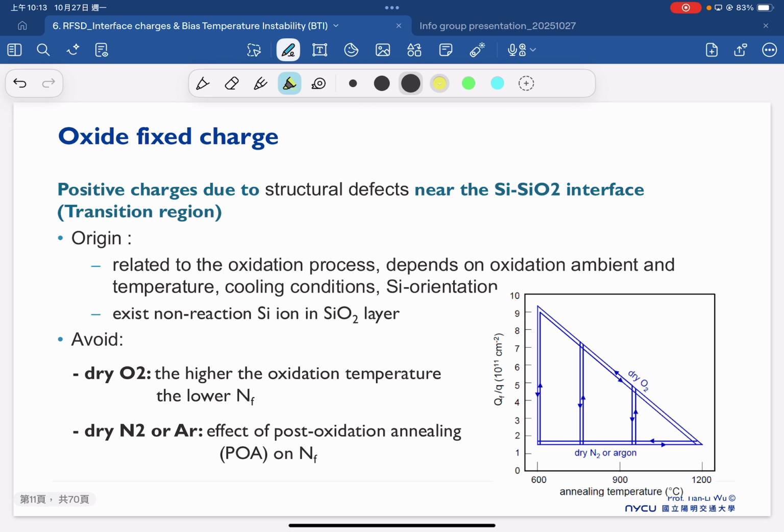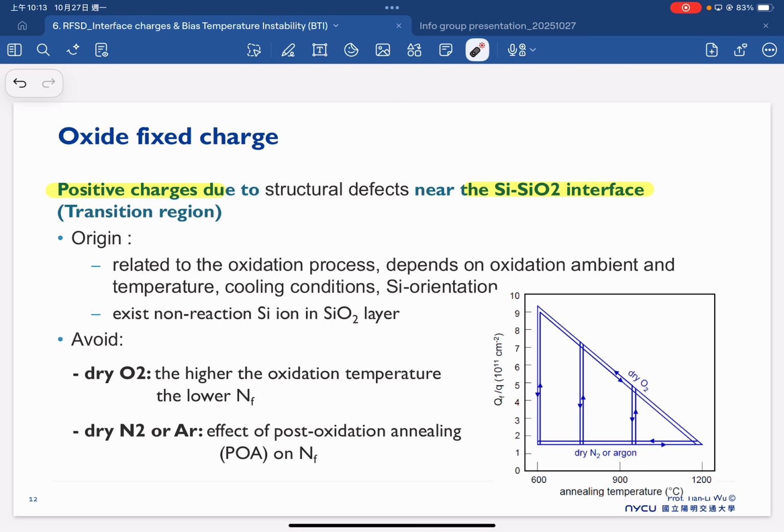And the next one is oxide fixed charge. In the case of silicon, we often see these positive charges. That's probably due to the structural defect near the silicon dioxide interface that we consider as a transition region.